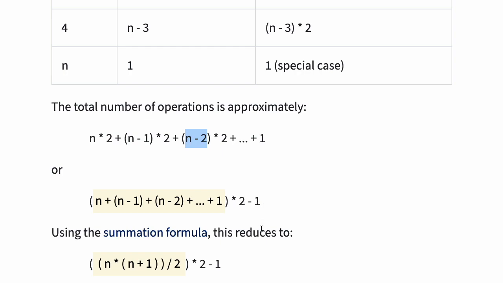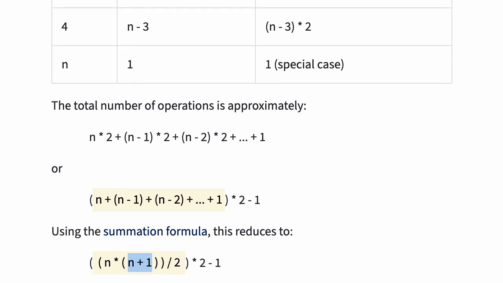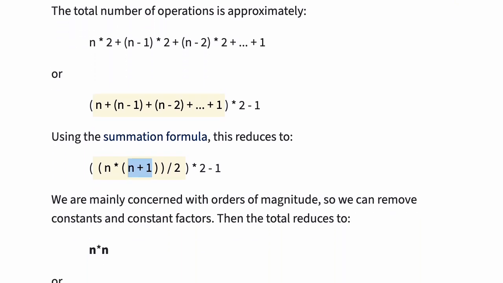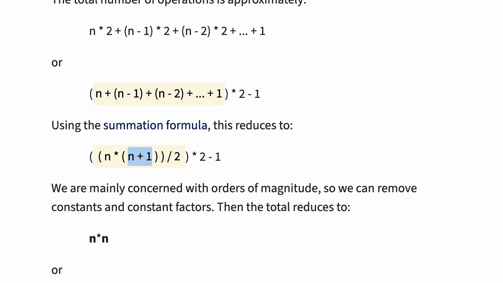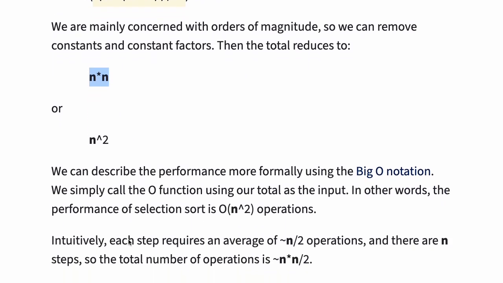Using the summation formula, this reduces to n times n plus 1 divided by 2 times 2 minus 1. We are mainly concerned with orders of magnitude, so we can remove constants and constant factors such as 2 and 1. Then the total reduces to n times n, or n squared.